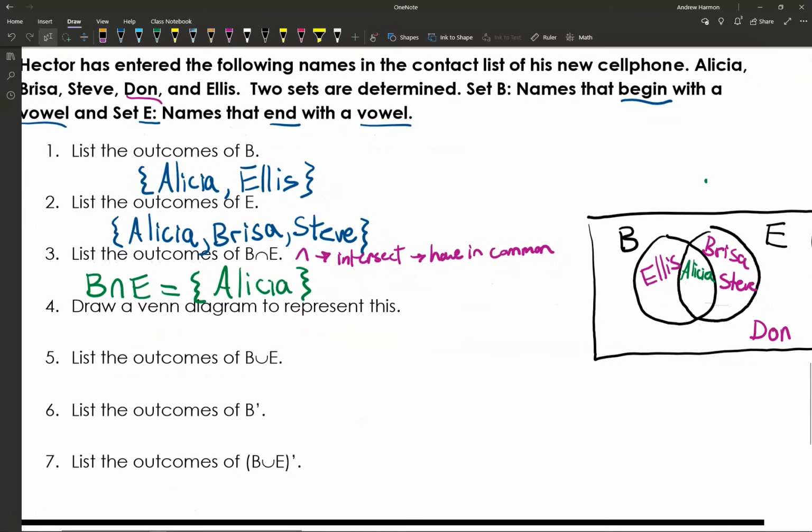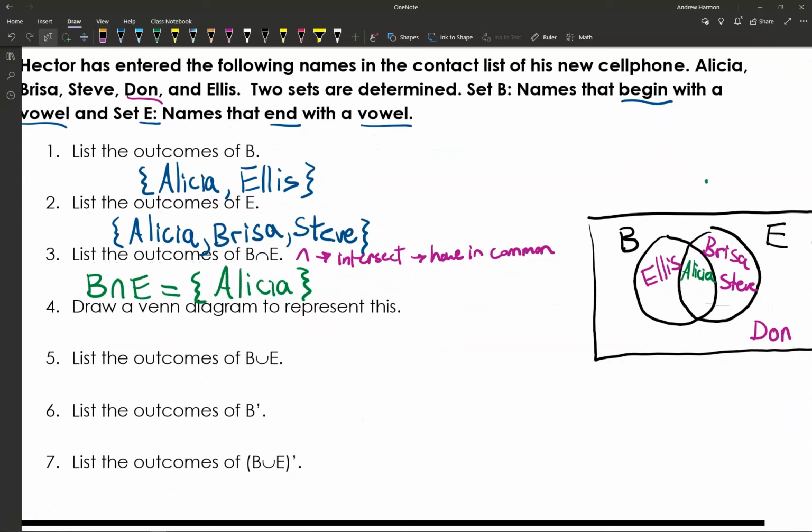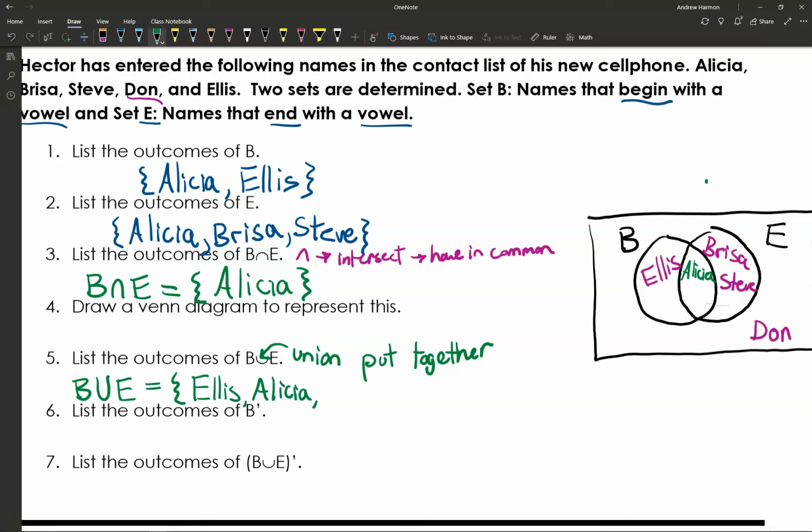Number 5 says list the outcomes of B union E. So we want to list out both B and E together. This means union, which means put together. So we have to look at putting whatever's in B together with whatever's in E. So if I look over here, in B I have Ellis and Alicia, and then in E I also have Alicia, but because I already wrote Alicia, I don't want to write her name twice.